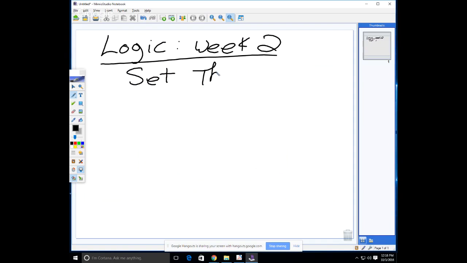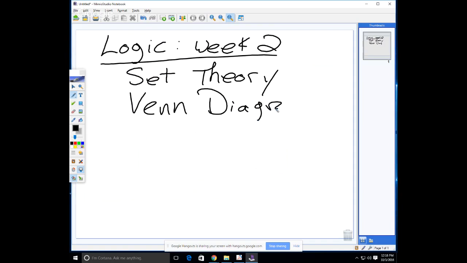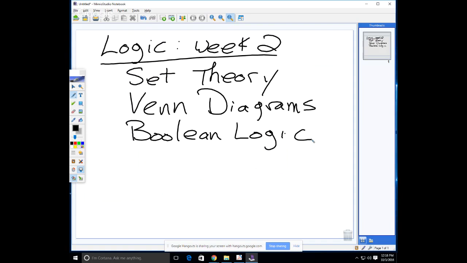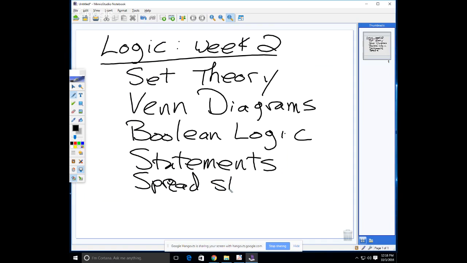Some set theory, along with that comes Venn diagrams, what's called Boolean logic, logical statements, a little bit of work with a spreadsheet, and then logical truth tables, right?